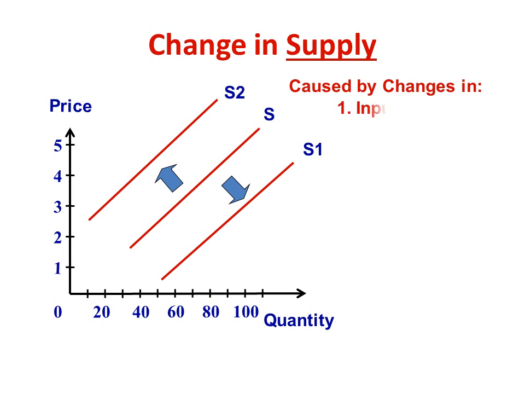Here are the non-price determinants of supply. Input costs. On the previous slide we talked about resource prices. You should understand that economists mean input costs or resource prices or factors of production all have the same connotation, the same meaning.